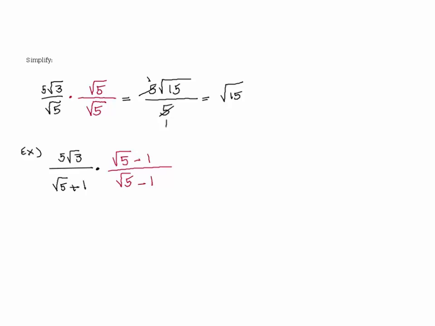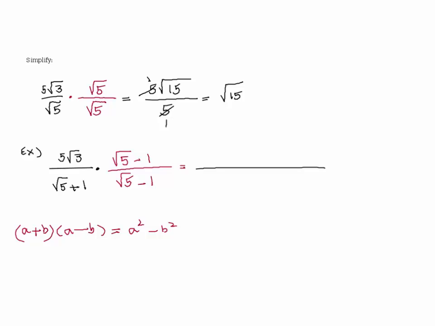We do this because a plus b times a minus b would be equal to a squared minus b squared, like a difference of squares. So in this case our a would be square root of 5 and our b is going to be 1.